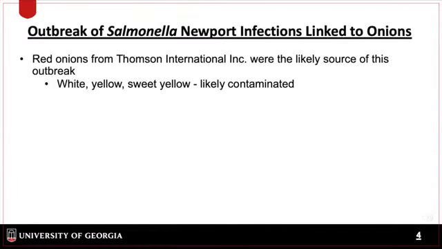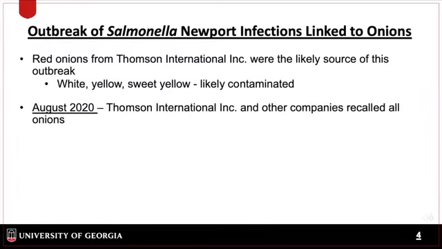For this outbreak, red onions from Thompson International Inc. were likely the source. However, white, yellow, and sweet yellow onions were likely contaminated with the same strain of bacteria, especially because they were grown in the same field and then processed in the same packing house.